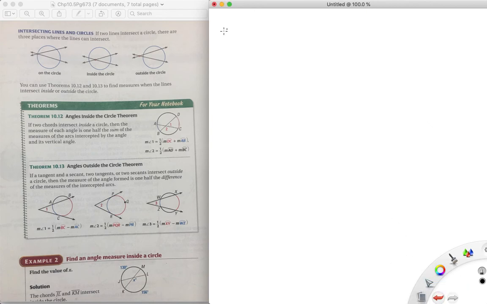Then we have 10.13. 10.13 has 3 scenarios, but we have 1 equation. How neat is that? So I'll do all the scenarios since it's given here. Angles outside of a circle theorem. So if we have case scenario number 1, we have a circle here. We have the intersection out here.